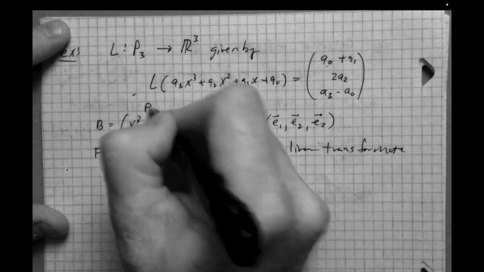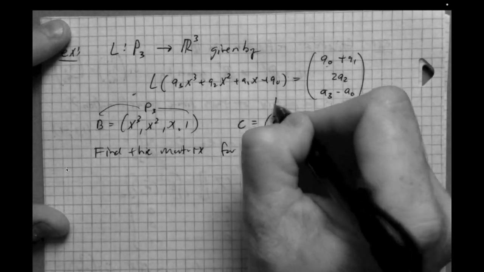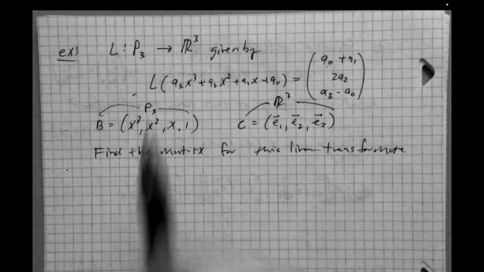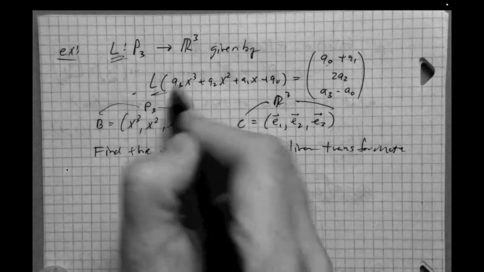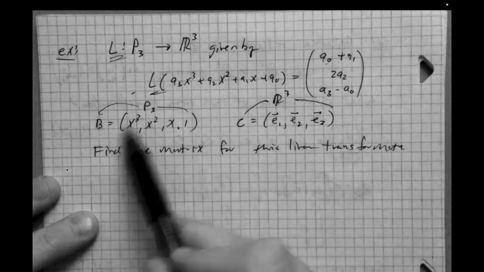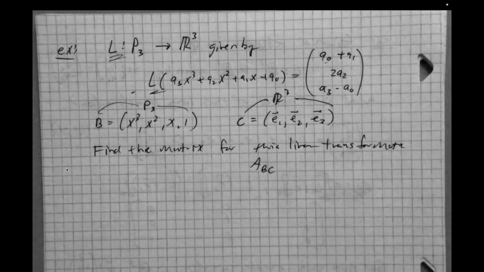So this is the ordered basis for P3, and this is the ordered basis for R3. And we've got this linear transformation, L, which does this to the vectors in P3. So how do we go about finding A? We want to find A sub BC, the matrix for the linear transformation from B to C. And how do we do that?